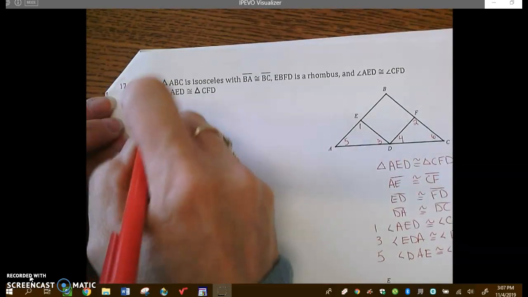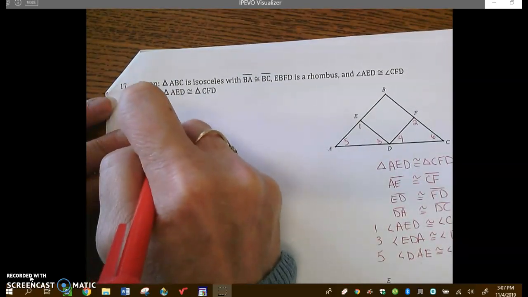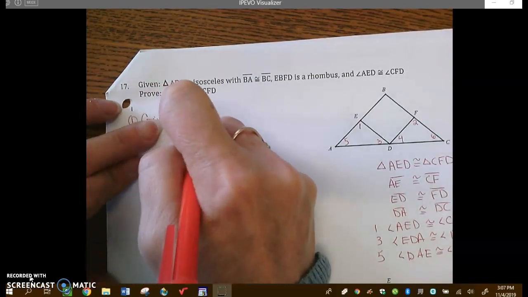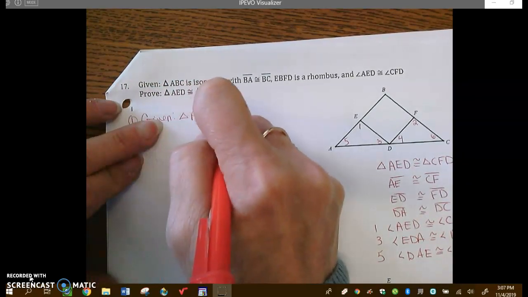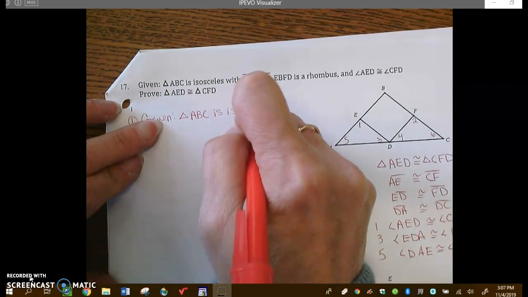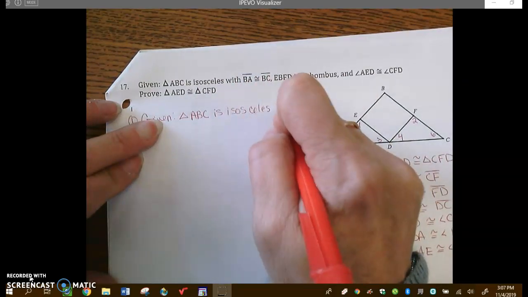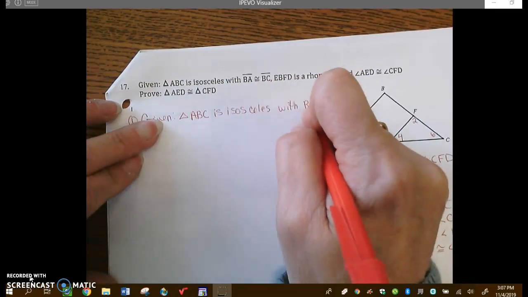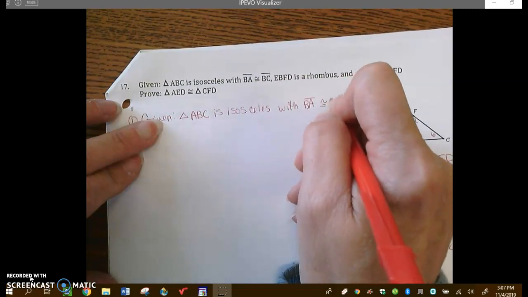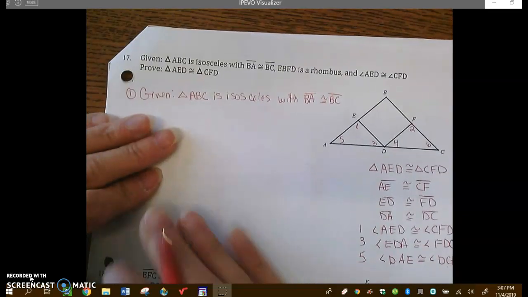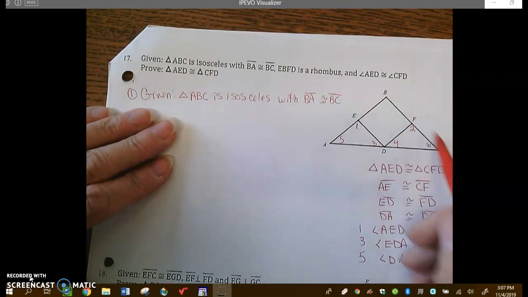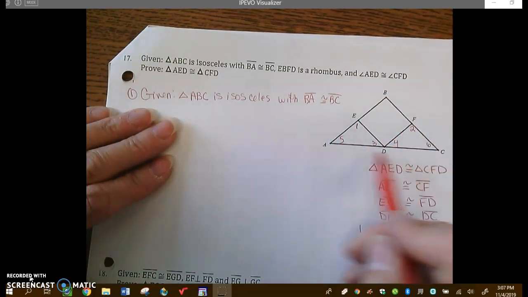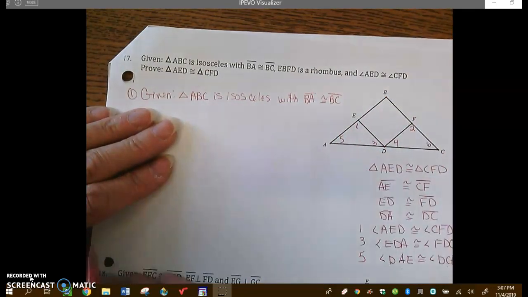So now I am ready to begin with my first given. So I'm going to say given triangle ABC is isosceles with line segment BA congruent to line segment BC. All right, so they are telling me I have a big isosceles triangle and I have 2 congruent sides.